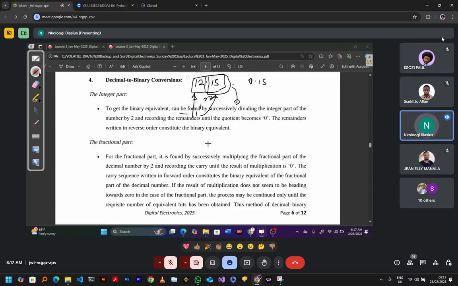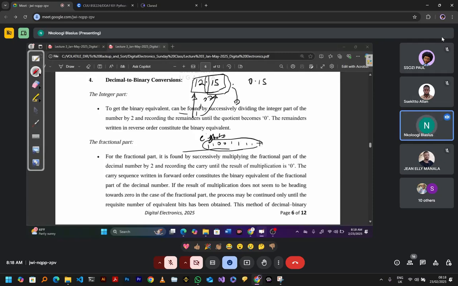So if a number was telling us to have bits only equal to maybe 8, okay, 8 bits, then I count my bits, are they 8? Then I have to stop there.